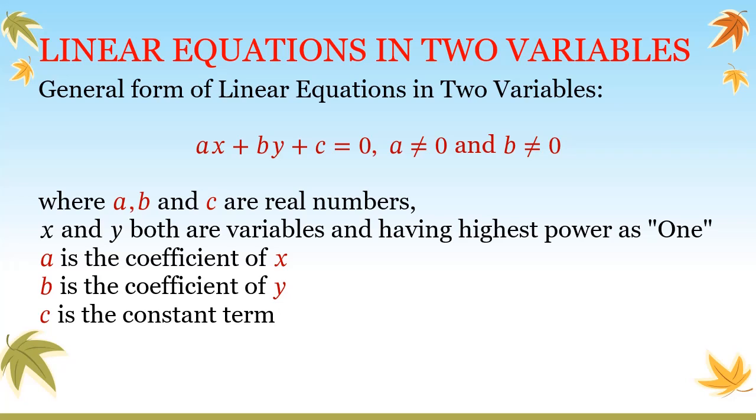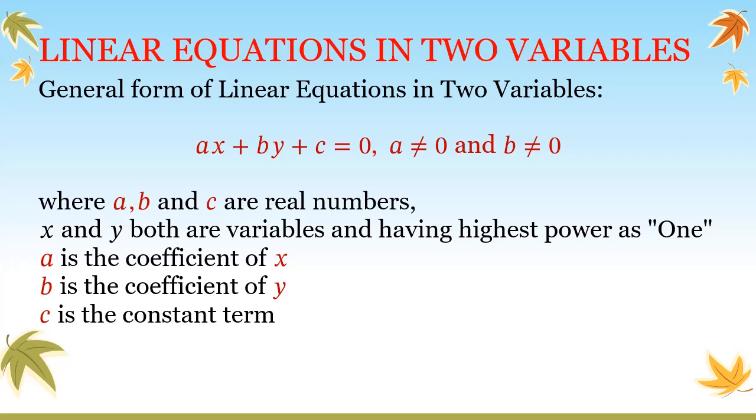If either a is equal to 0 or b is equal to 0, then our linear equation in two variables gets converted into a linear equation in one variable. What if both a and b are equal to 0? Then only c will be left, that is a constant polynomial.